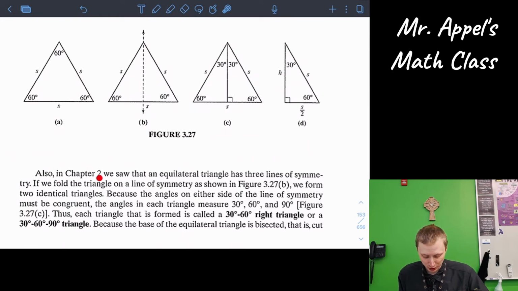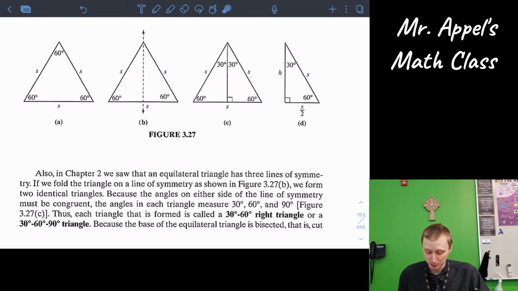Now, also, in Chapter 2, we saw that an equilateral triangle has 3 lines of symmetry. If we fold the triangle on a line of symmetry, as shown in Figure B, we form 2 identical triangles. Okay, just cut this guy in half, you get 2 triangles there. Because the angles on either side of the line of symmetry must be congruent, the angles in each triangle measure 30, 60, and 90.